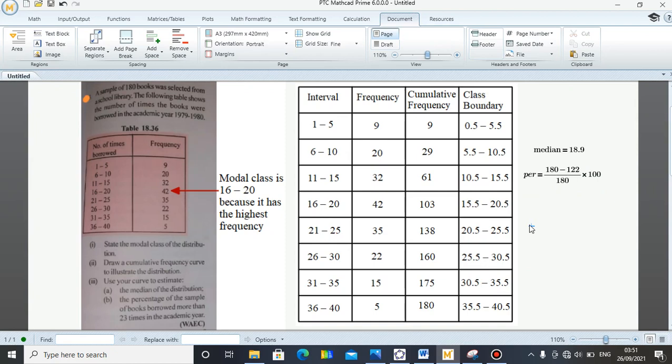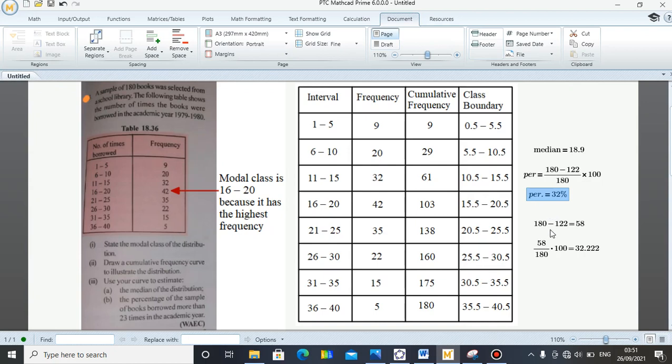Let me just do it here very fast. So 180 minus 122 should be 58. Then 58 divided by 180, then times 100. So that is approximately 32%. So the percentage is going to be 32%. So take note of that.